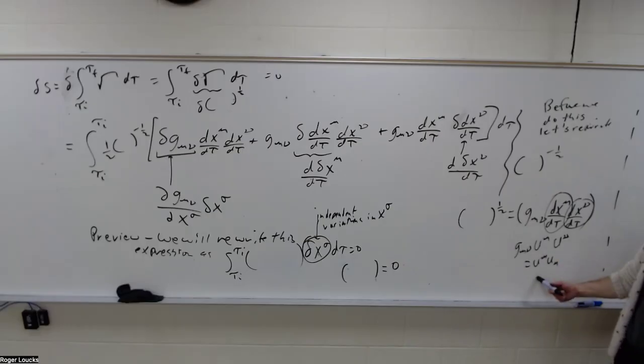Now, what kind of quantity is this? It's a scalar under a general coordinate transformation. What I can do is switch to a point where this is locally flat.